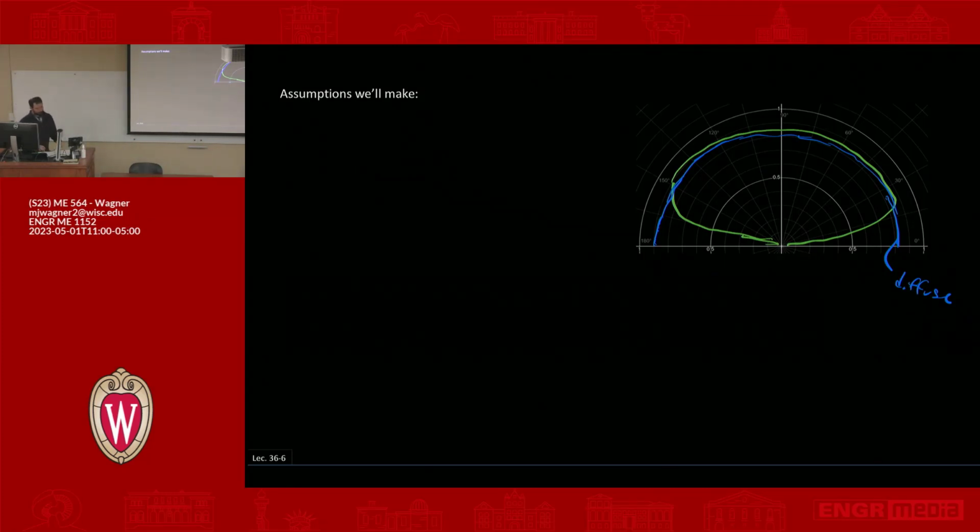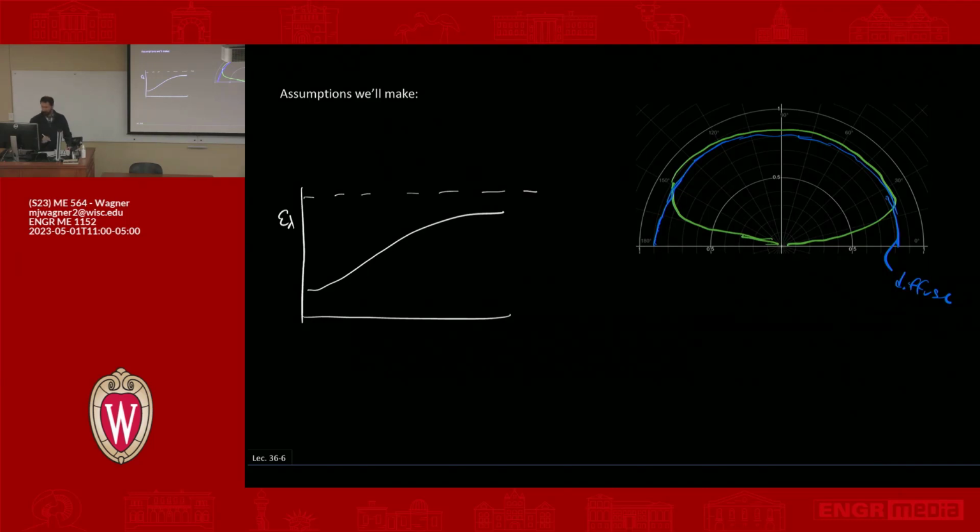So that's one assumption. The other assumption we can make is to take our surface, which had this kind of curve for emissivity as a function of lambda, and represent it as a gray surface. Maybe we go through that integral and decide that at the temperature we care about, we're going to model it as a flat line.